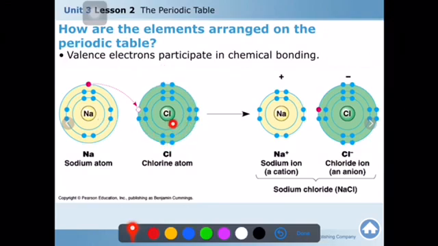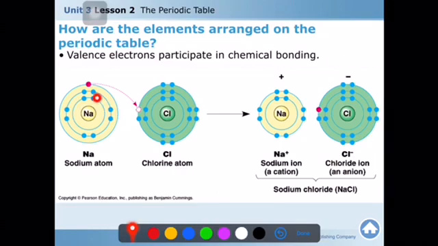Each and every element wants to complete its valence electrons to 8. Chlorine has 7 electrons and needs just 1 electron to complete 8. The sodium element needs to give one electron out of the atom to complete its valence shell to 8.